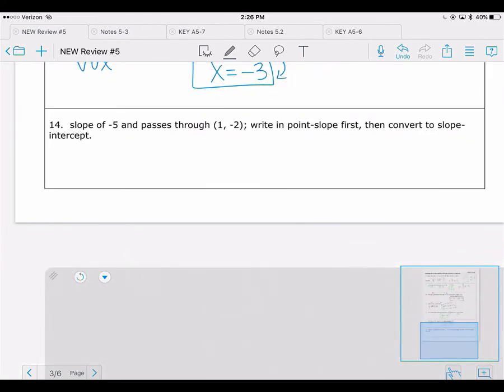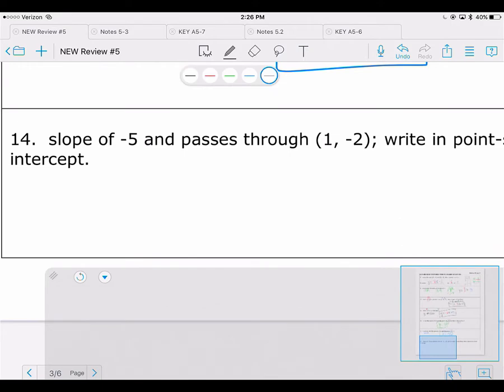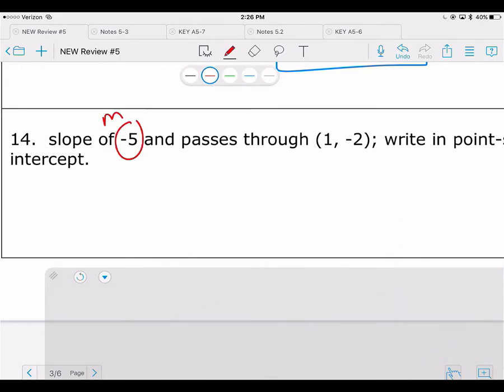14 gives us a slope of -5 and passes through the point (1, -2). It asks us to write in point-slope and then convert. So my slope is -5. My point is x1, y1. Just to be safe, I'm going to write out point-slope to make sure that I plug in correctly, because half the battle is plugging in.